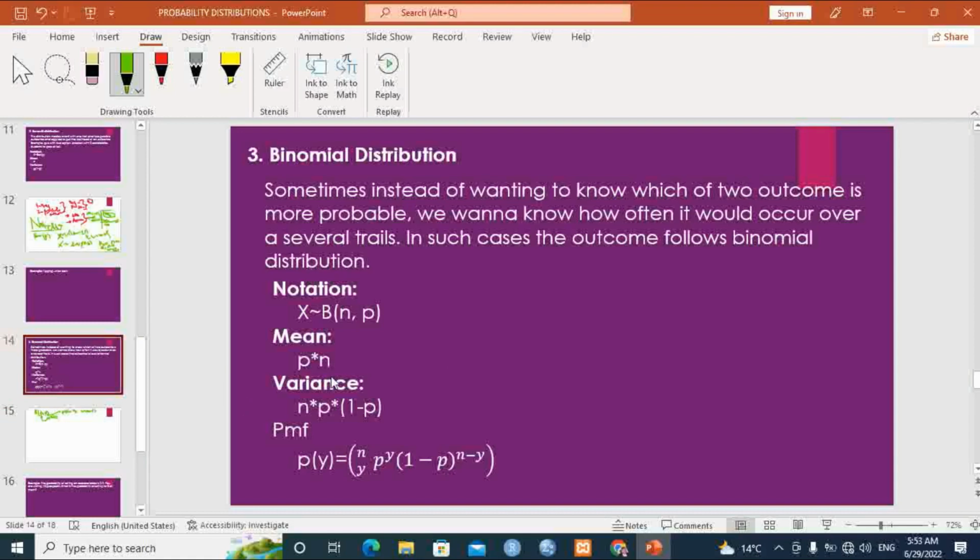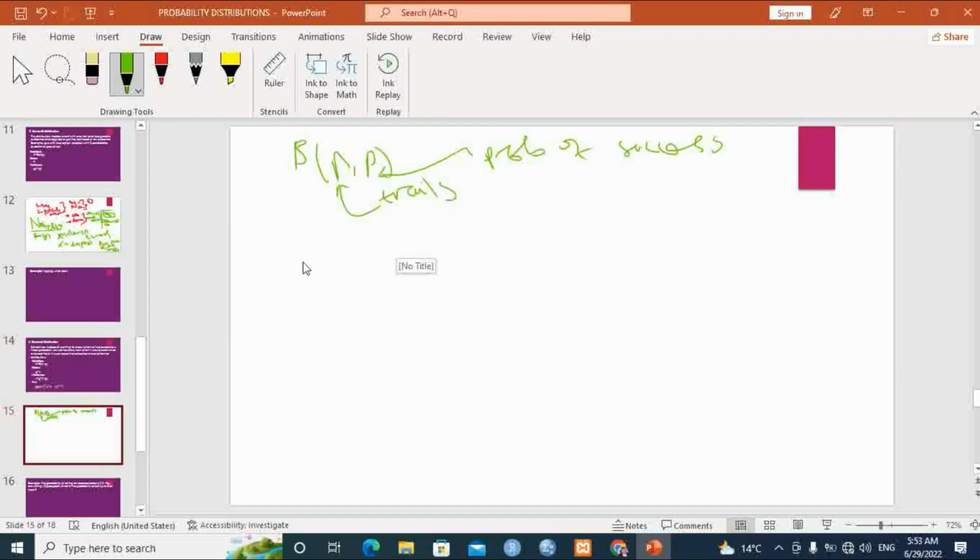The mean for binomial distribution is np. So let's say x follows binomial distribution, the mean of x. You can use any letter: k, z, q, any letter that you are interested in. But as statisticians or mathematicians, we are interested in x and y.